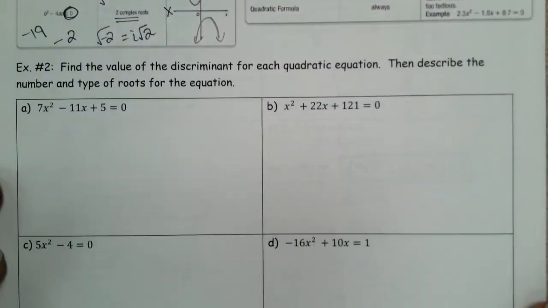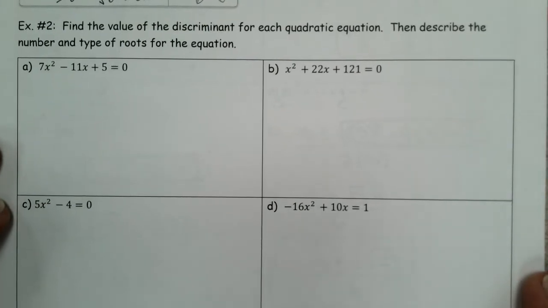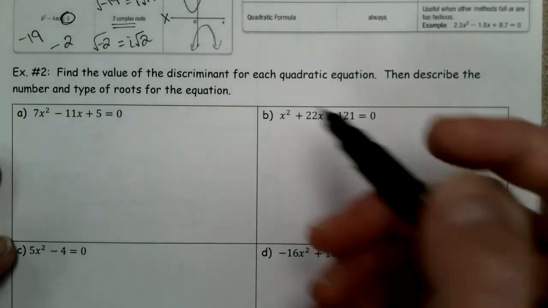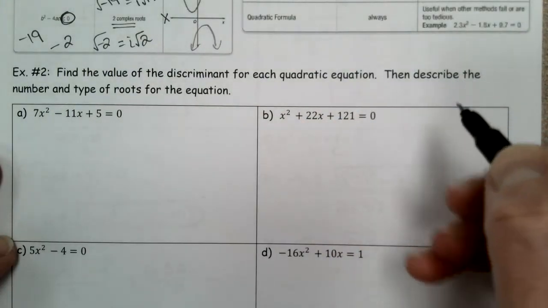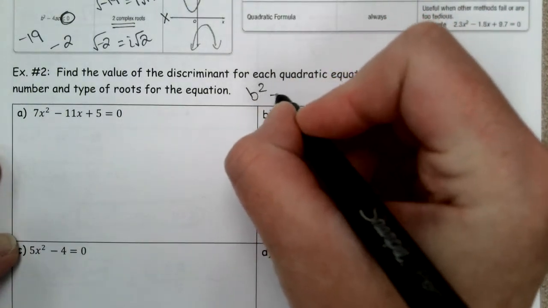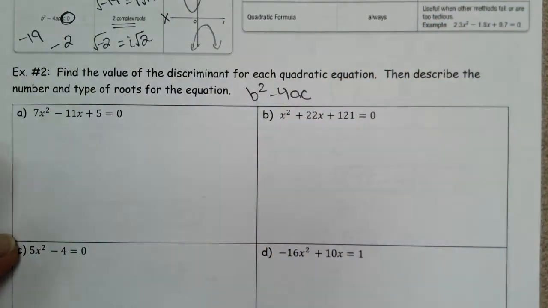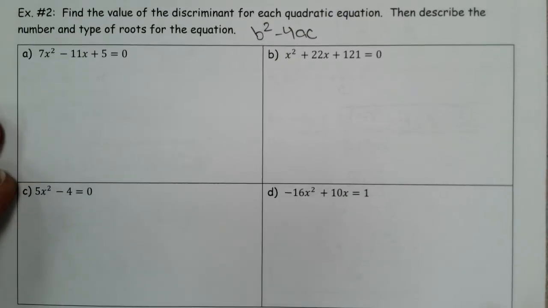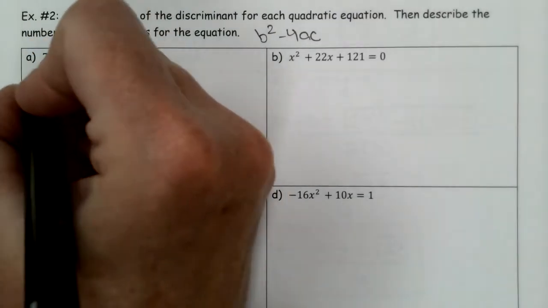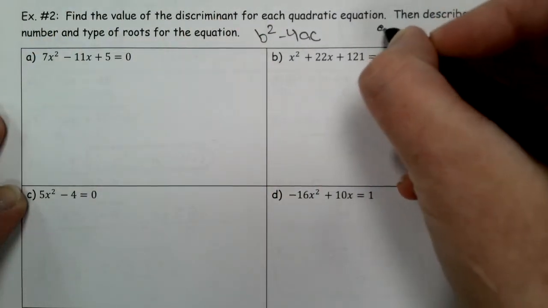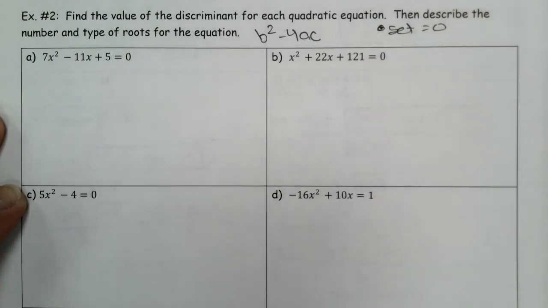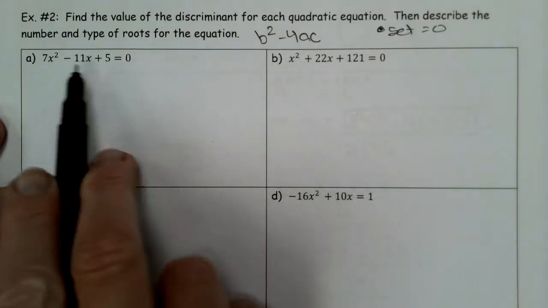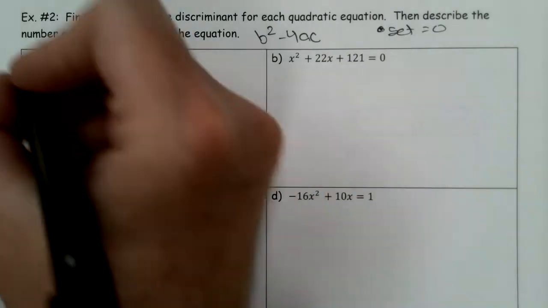All right, so finding the discriminant is super easy. All you have to do is label your A, B, and C and plug it into the expression b squared minus 4ac. It definitely still has to be set equal to 0, and it has to be in standard form.